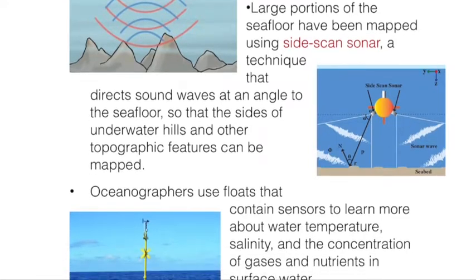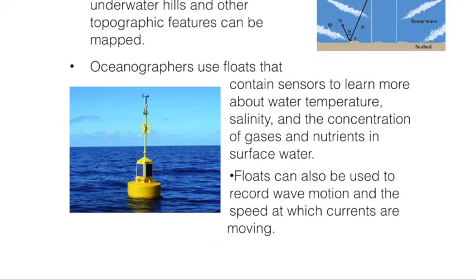You're also going to get lots of data from floats. These are buoys in various places, even in very deep water, with lots of equipment on them collecting data about temperature, gas concentration, salt concentration, all kinds of things. The currents, how strong they are, and the wind speed above the ocean that contributes to waves.